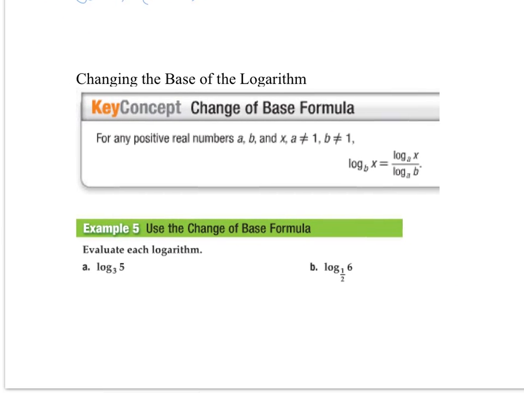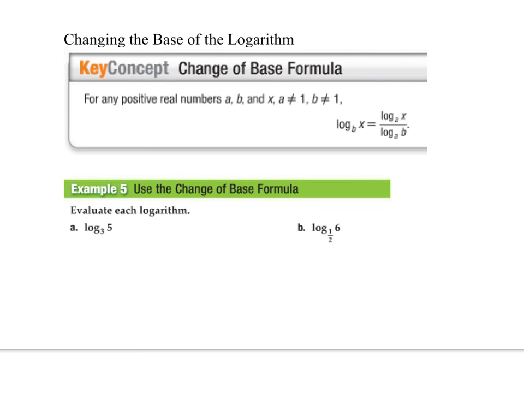The last thing here is the change of base formula, and that just allows us to use our graphing calculator and use the log button or the natural log button. Because our log button only is in base 10, so it's like, what do we do if we have a different base? That's the tricky part.